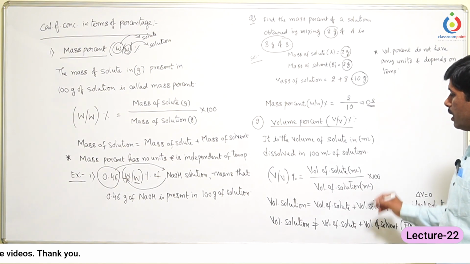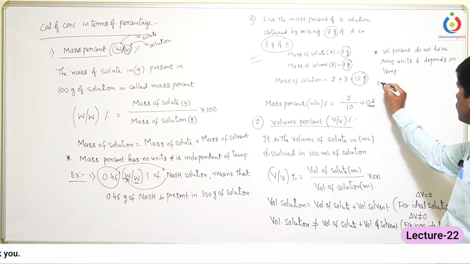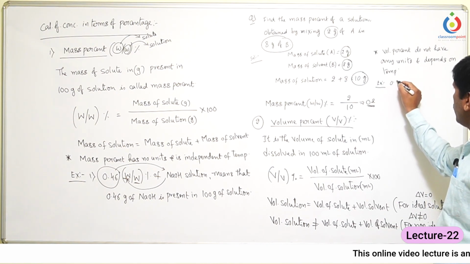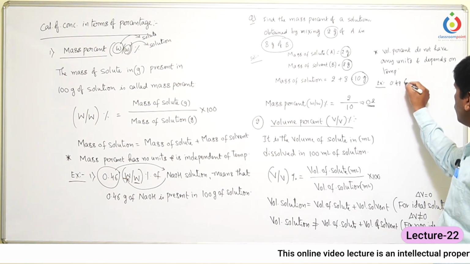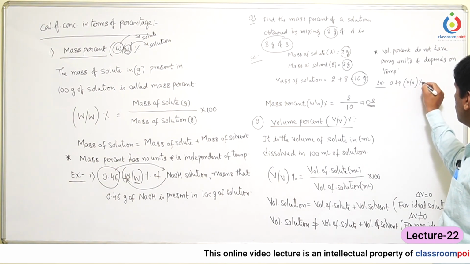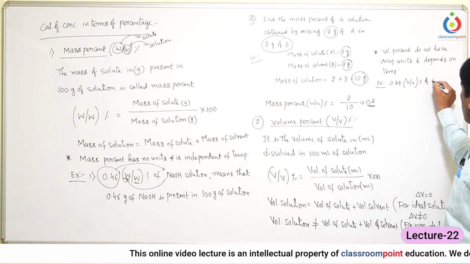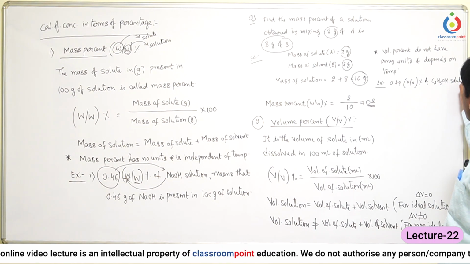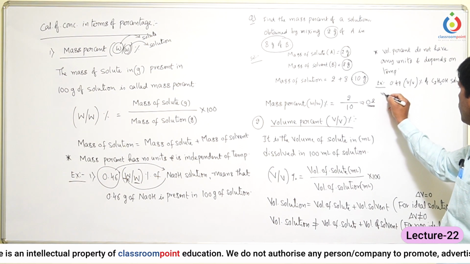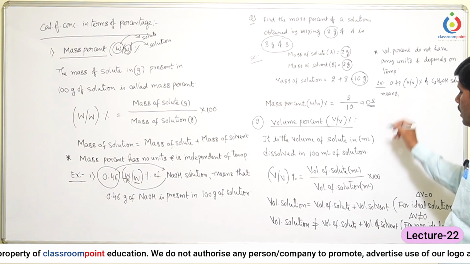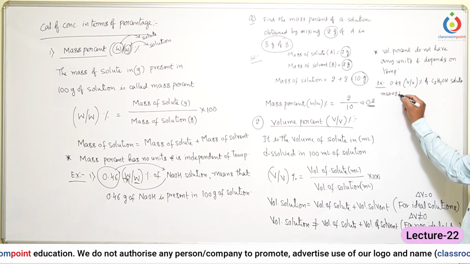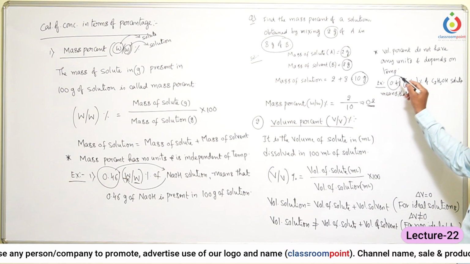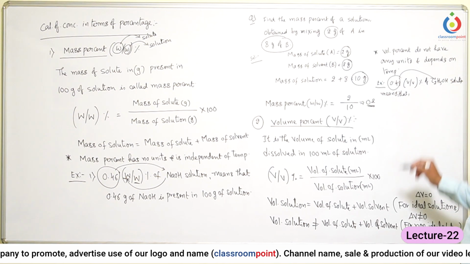Let us take an example here. For example, 0.49%, that means volume by volume percent of ethyl alcohol, C2H5OH solution, means that its meaning is, so this value always, as I said earlier, always refers the volume of the solute.